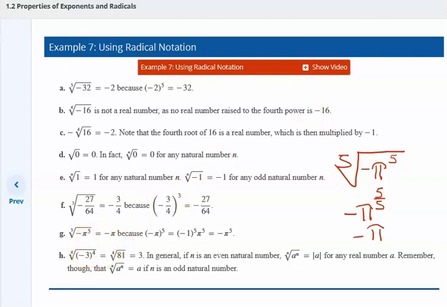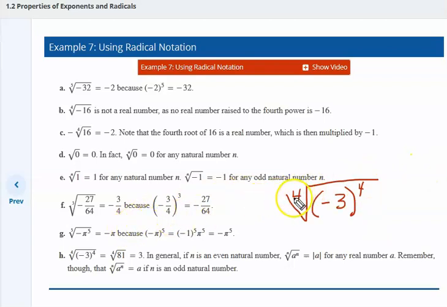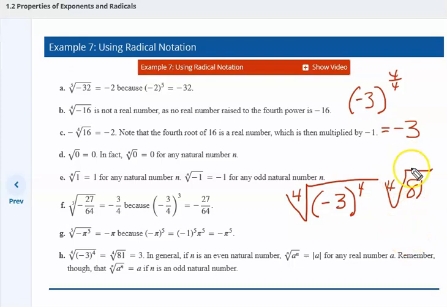Okay, for letter H. As we do letter H, notice we could do this also, negative 3 to the 4 over 4, which would make this a negative 3. Now, also, if we did this, this would end up being 4 to the 81st power, so that would give us a 3.